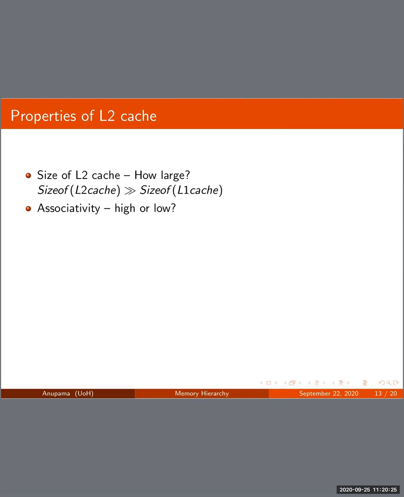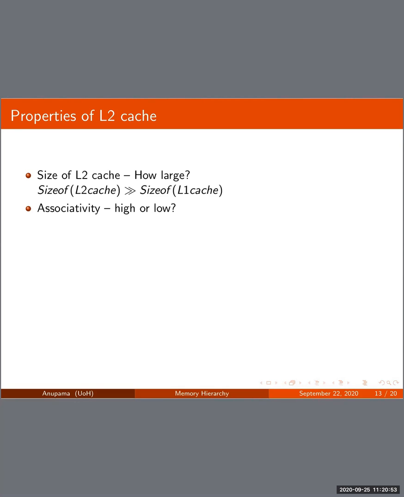So the gap has increased, which is why you're forced to use multi-level caching to bridge this gap between the main memory and processor. I hope that answered your question.